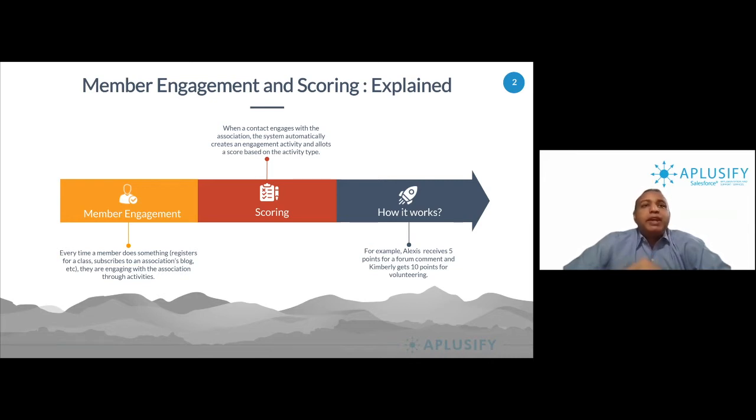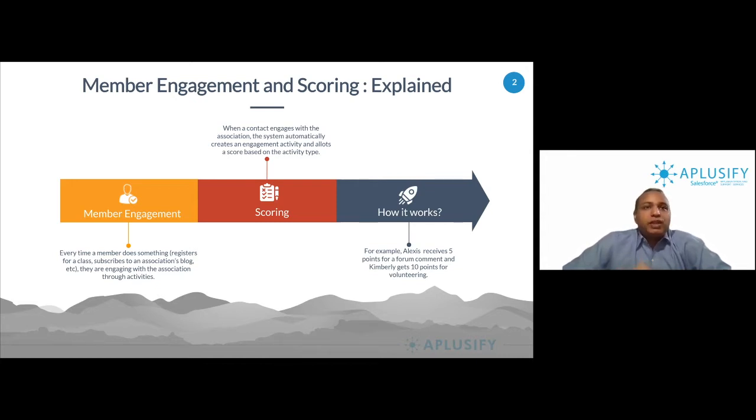So member engagement is basically involving your members proactively so that they get engaged, and if they are engaged and they find your system useful, you can better understand what they need, how you can plan your marketing strategies better, and what changes you can make in your system.